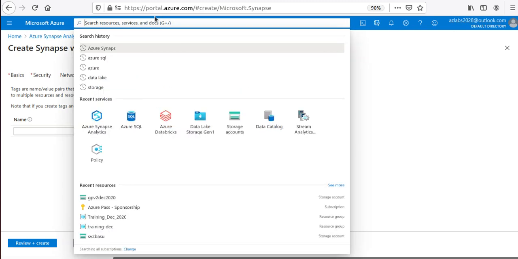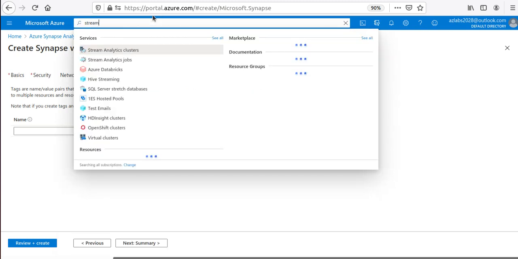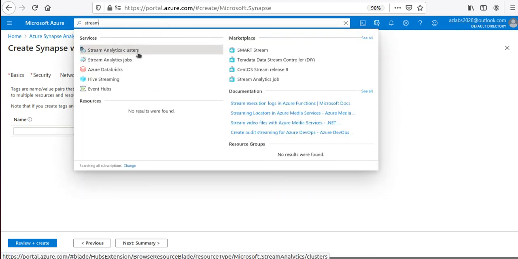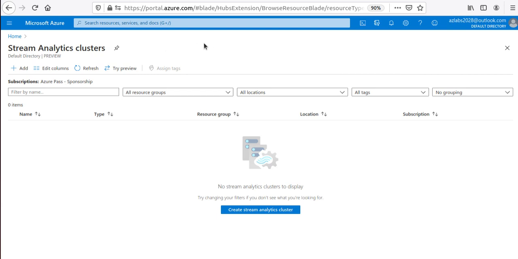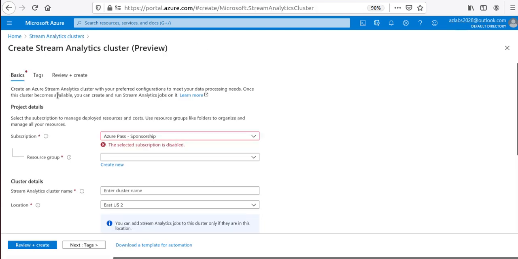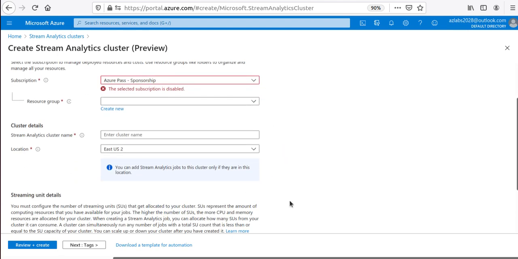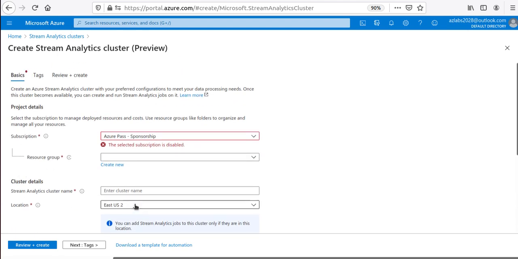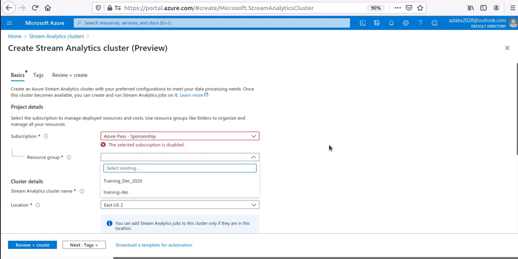So again, if you search for Stream Analytics, you will see the Stream Analytics clusters and Stream Analytics jobs. So we will just go to one of them to review what to do. You can again create, and this deployment is pretty easy. There's only one main page that you have to configure: the cluster name, the location, your subscription, and the resource group, and that is all that you need.